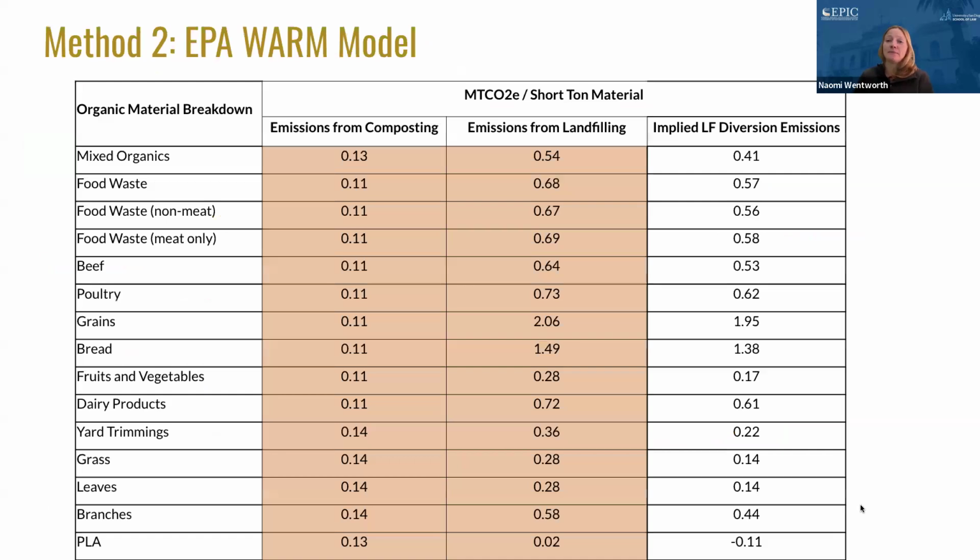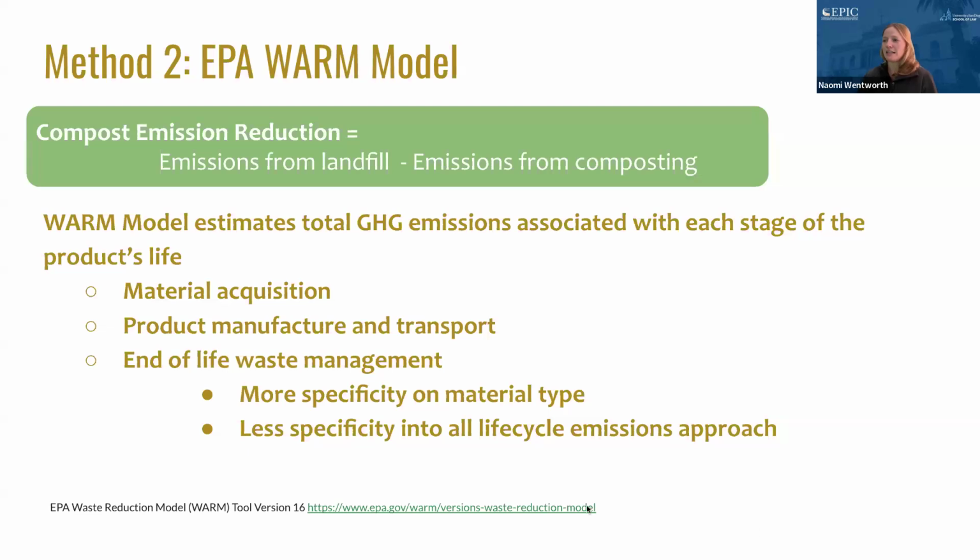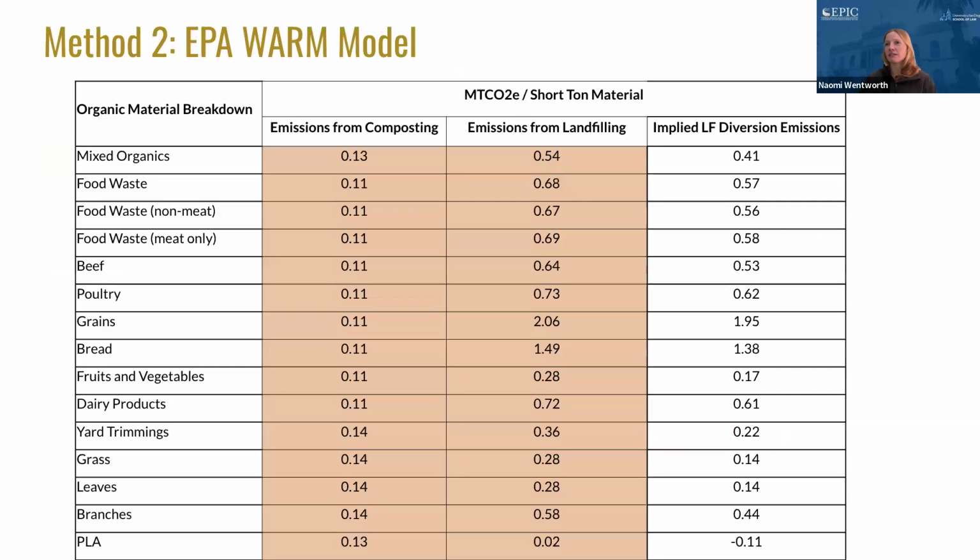So how the EPA gives this information is you can go to the site that I've linked, and they have multiple versions. They're updating these every year or two. And it's a big Excel document where you can look at all sorts of materials going to different end-of-life treatment facilities.